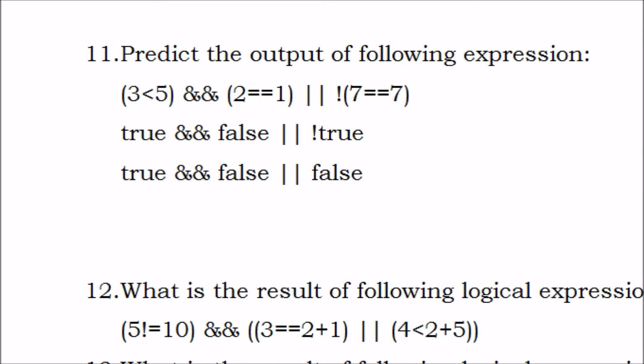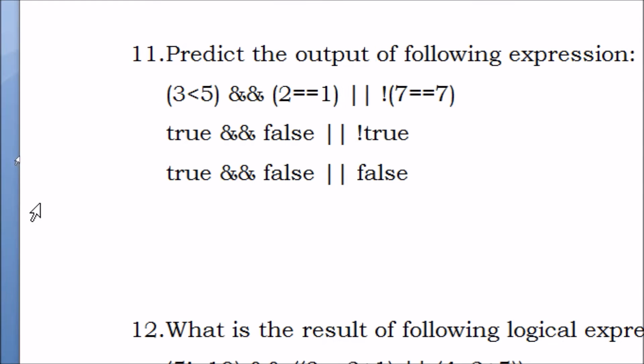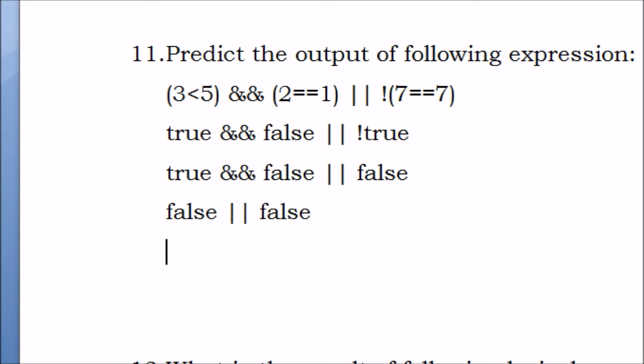So it's quite easy. Then I'll solve this part, because second priority is given to AND operator, and true and false is going to give me false, and I'll write OR false, and the ultimate result is going to be false. Okay, so this is how we can solve it.